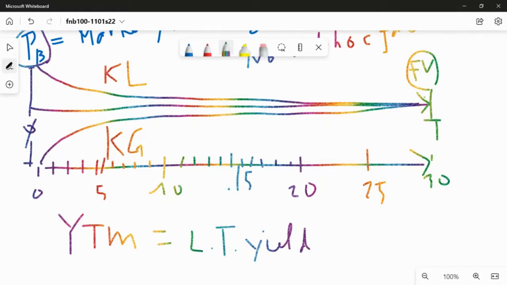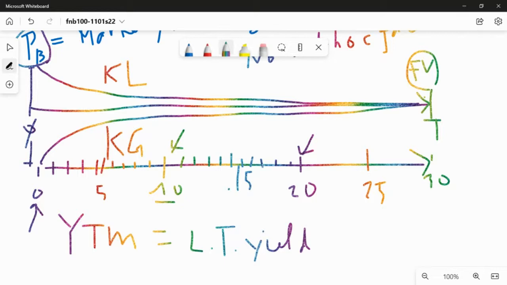So suppose you buy this bond at time zero and hold it for 30 years, then that's the yield to maturity with 30 years left. Let's say you bought this bond at this point, then there are 20 years left, and the yield to maturity at that point would be different from the yield to maturity at time zero. And suppose you bought it at this point, then there are only 10 years left.